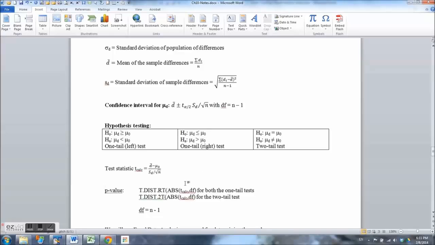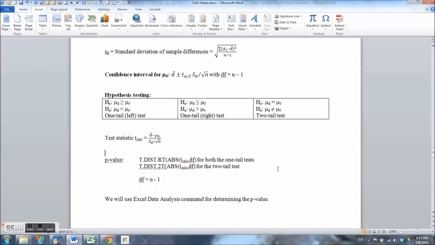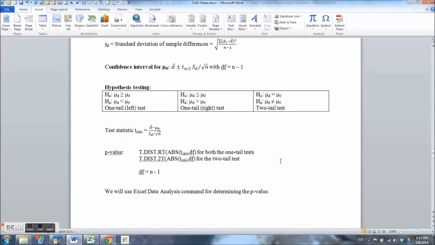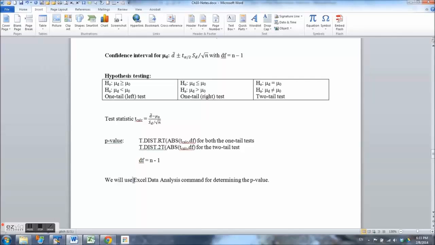And then we will use the t distribution functions for the p-value, the degrees of freedom being equal to n minus 1. We'll use the Excel data analysis command for matched samples to generate all of this information.